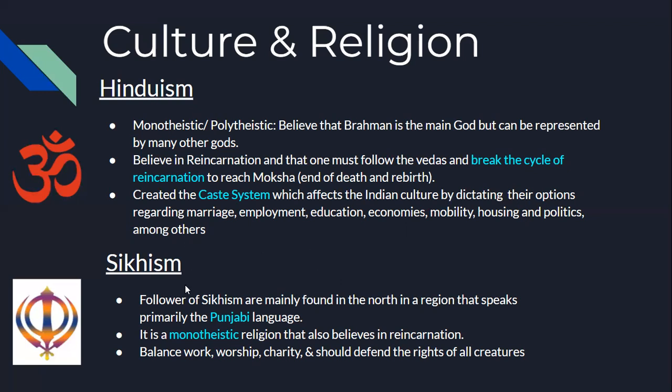Switching to Sikhism. Followers of Sikhism are mainly found in the North region, primarily the Punjabi language region, because if you are a Sikh, more than likely you speak Punjabi, which is their primary language.